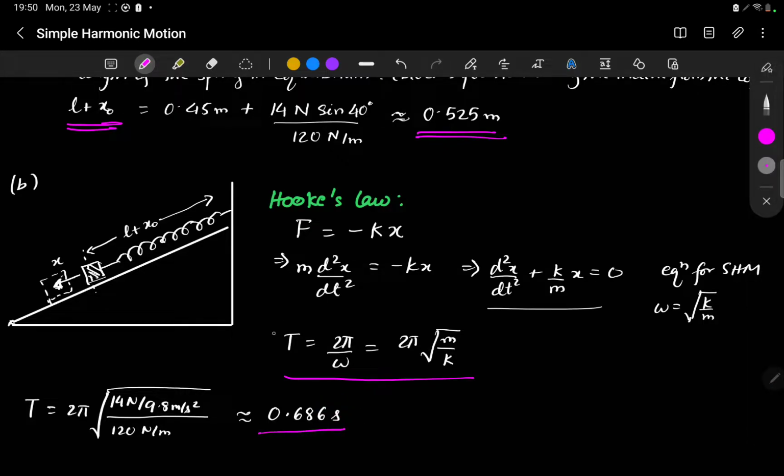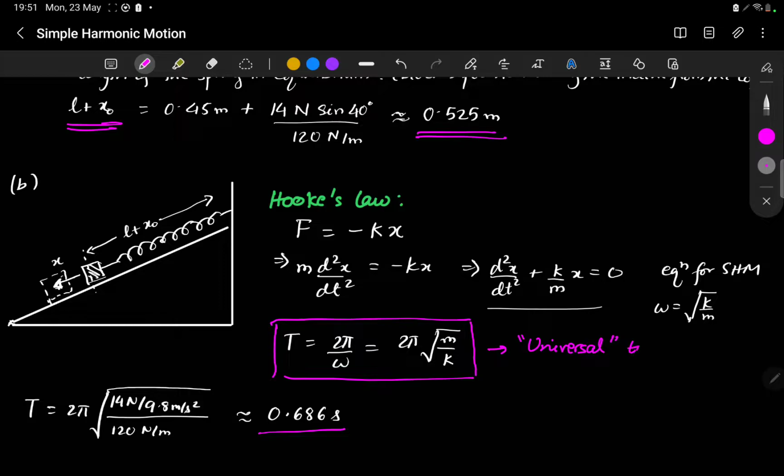Notice that this time period for oscillation of a spring mass system is universal. Universal in the sense whether we have a horizontal spring mass system, vertical spring mass system, or spring mass systems on an incline, this time period remains unchanged. So this is some sort of universal feature this time period has.